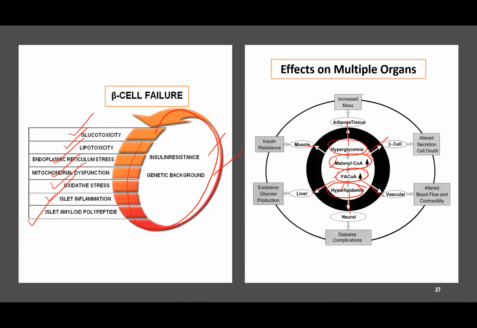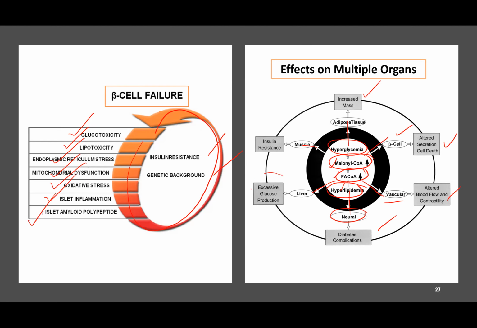On the adipose tissue, there is increased adipose tissue mass, obesity. On the beta cell, altered secretion and cell death: insulin secretion is decreased and there is beta cell apoptosis. On the vascular side, altered blood flow and contractility, and then a proatheromatous state. There are diabetes-related complications on the nerves, diabetic peripheral neuropathy and diabetic autonomic neuropathy.